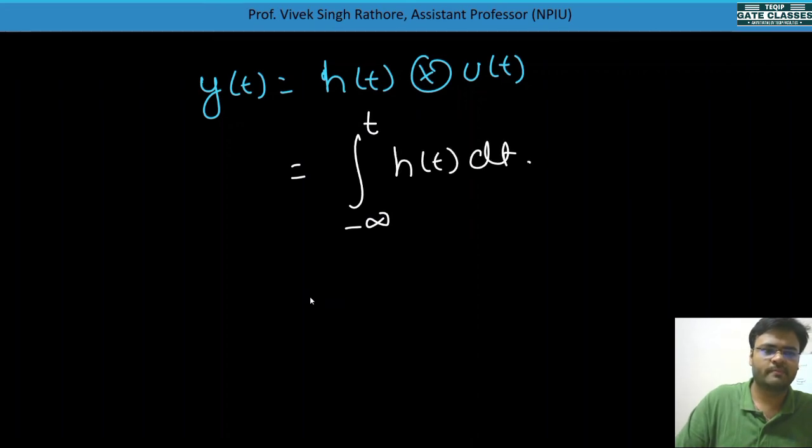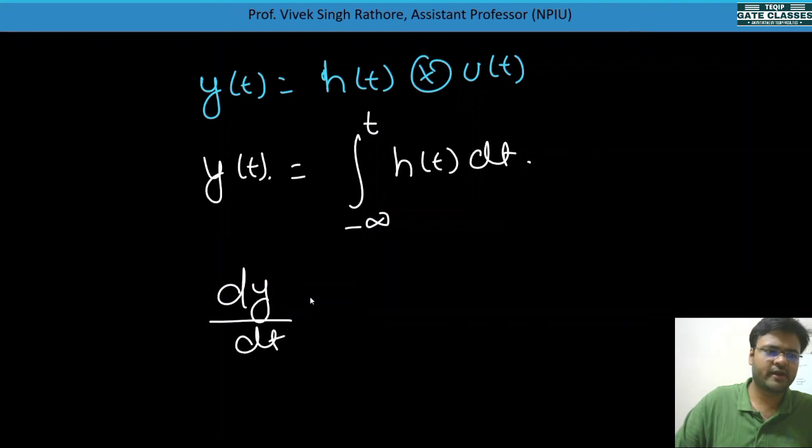This you know. So ultimately what we are getting, see, if you are getting dy by dt, you will get h of t.